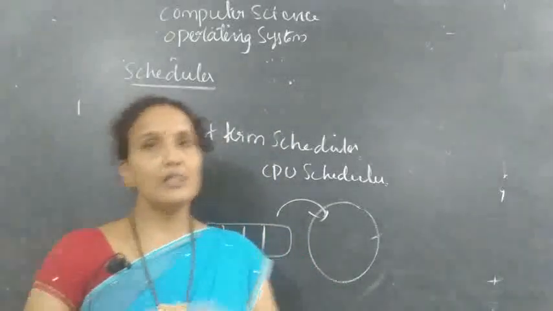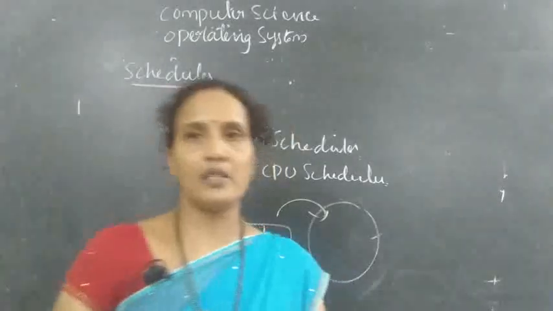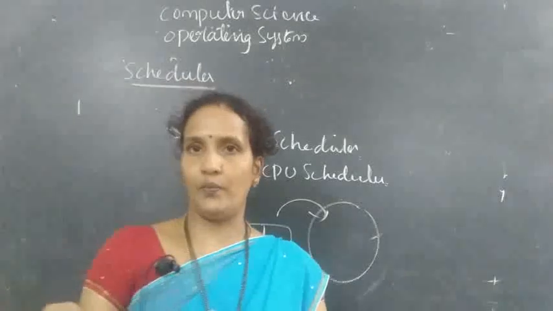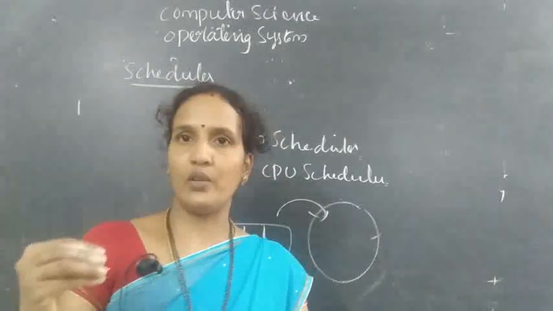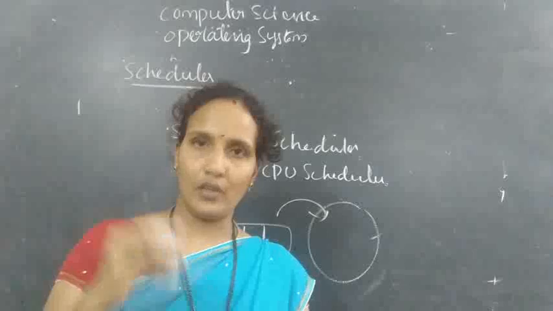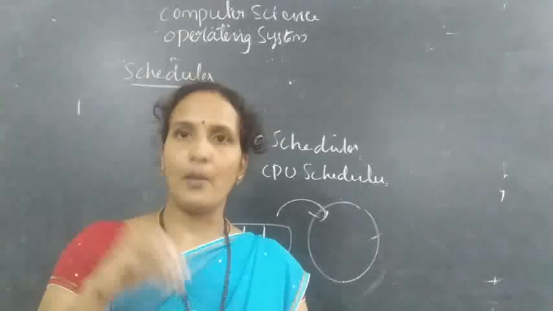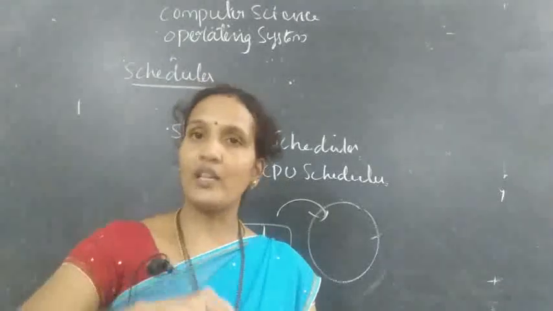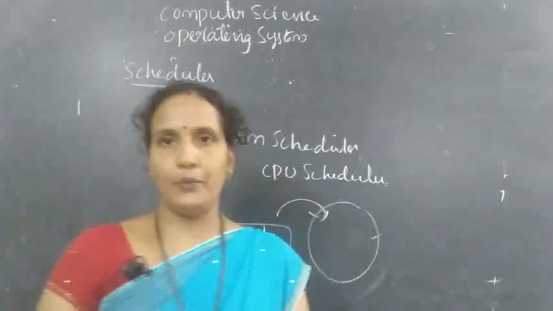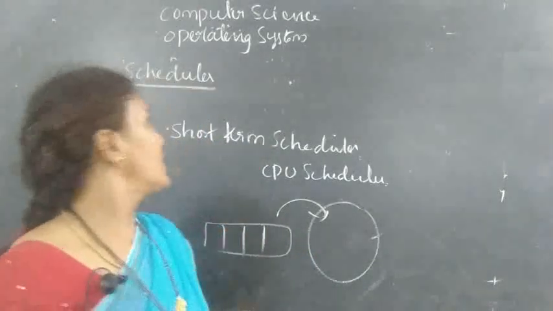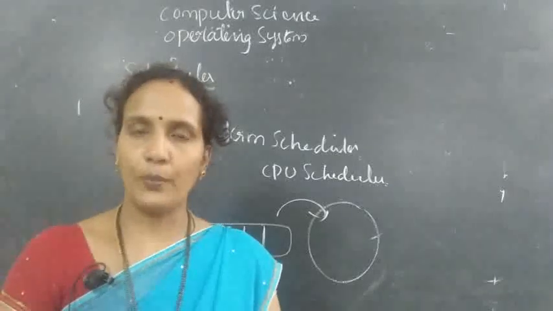Next, the third one is the short-term scheduler. The operating system will create the queue, and the short-term scheduler will select the process from the queue and load it into the CPU. So that is about the short-term scheduler. I hope you all understood.